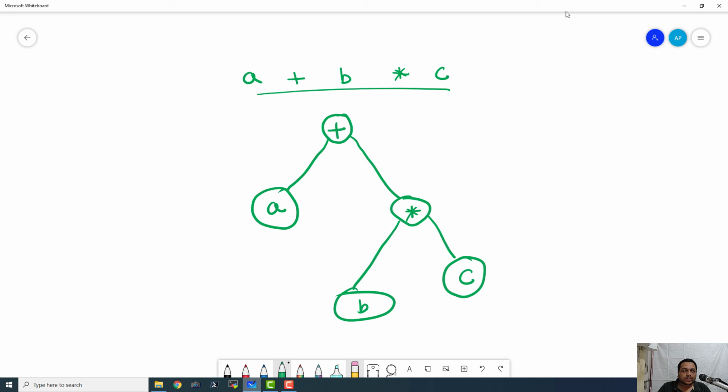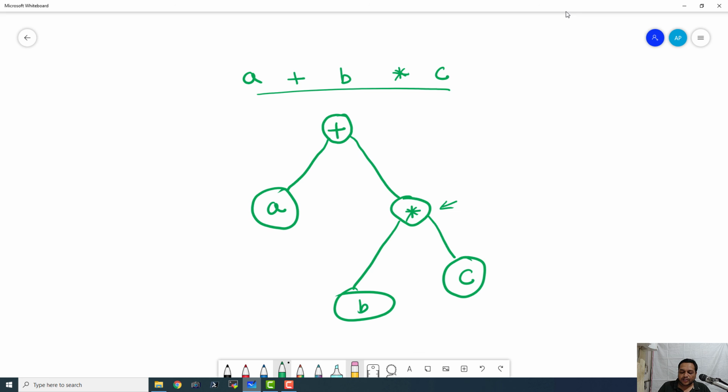You must have noticed that we are drawing this expression tree based on the precedence of operators. If I make the node with the multiplication sign the root node, then it is going to change the entire definition or meaning of this particular expression. That is why we have to be careful while drawing the expression tree.